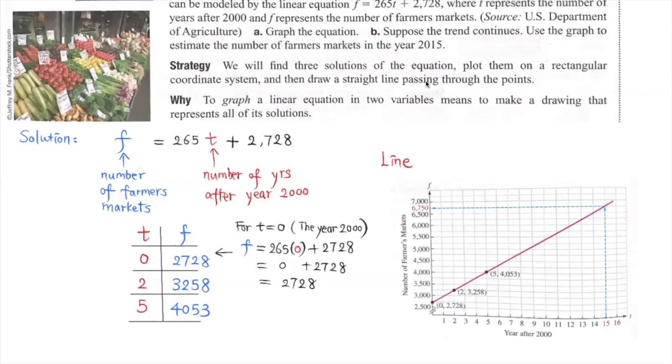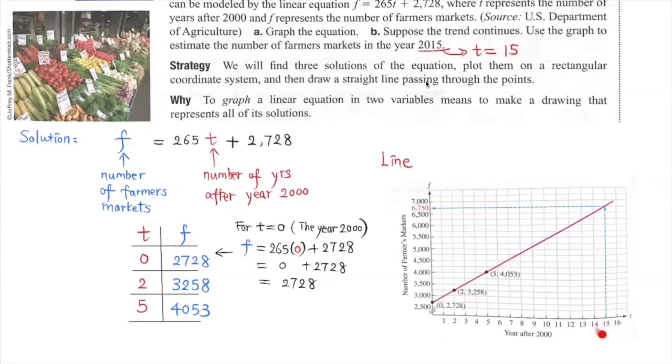Now, part B: suppose the trend continues. Use the graph to estimate the number of farmers markets in the year 2015. Well, the year 2015 corresponds to T equal to what number? T is equal to 15, right? So over here we locate 15, that's 15 years after the year 2000.